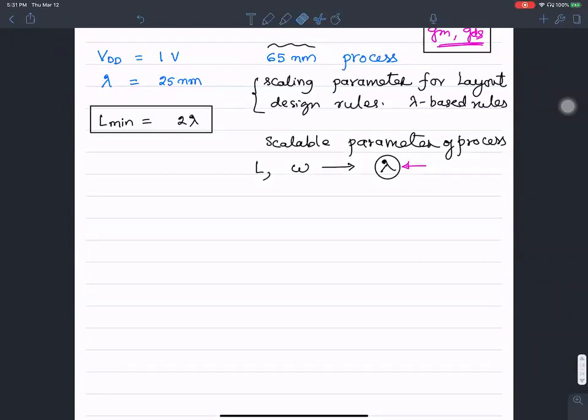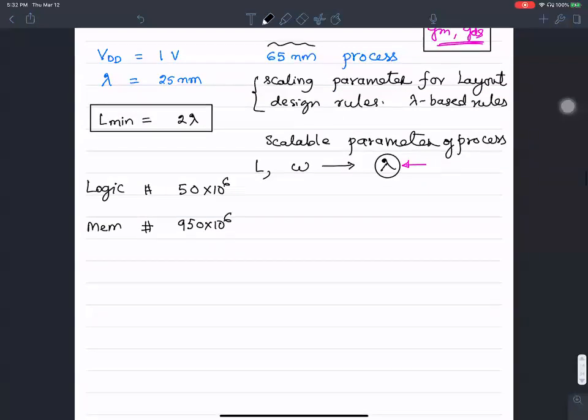And then what is also mentioned is the number of logic transistors, given to be 50 million, or 50 times 10 to the 6th. The number of memory transistors is given to be 950 million. Okay, so that is given.